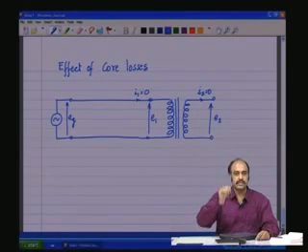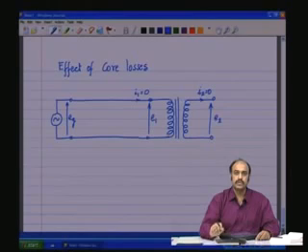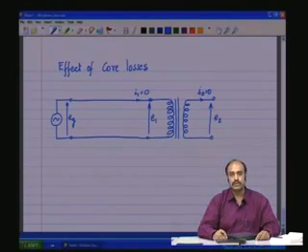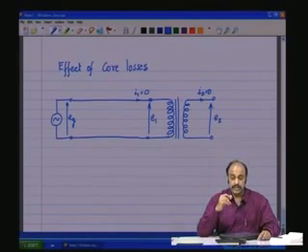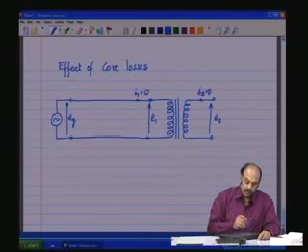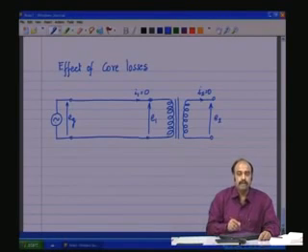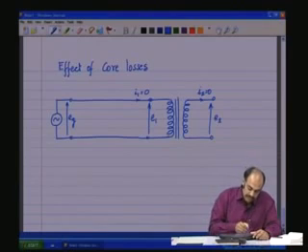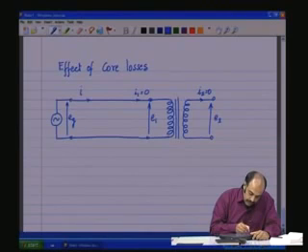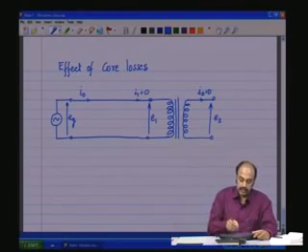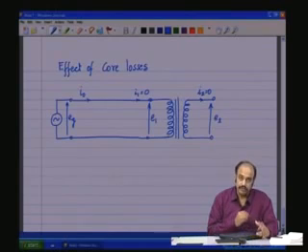Every cycle the hysteresis loop is going to be traversed, and for every traversal of the hysteresis loop, the area covered by the hysteresis loop, that amount of energy is going to be unrecoverable. So that energy gets lost, which means that much amount of energy has to be supplied by the source, which means the source current will have some current I naught even under no load conditions, whatever that is.